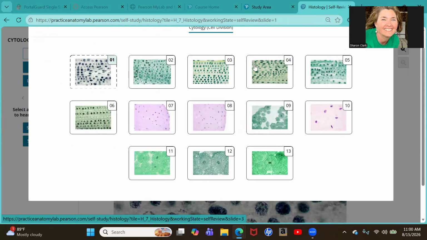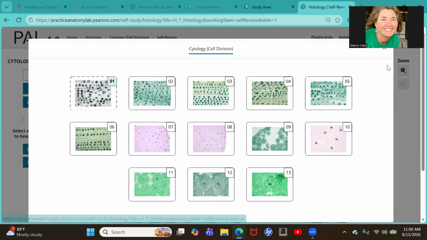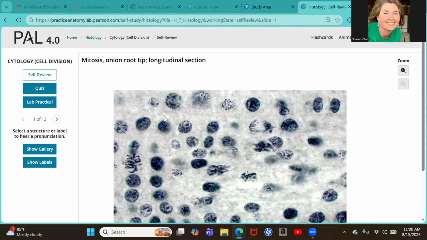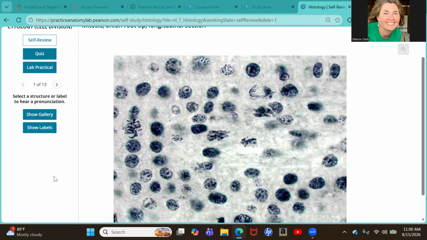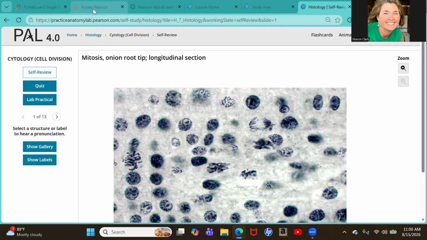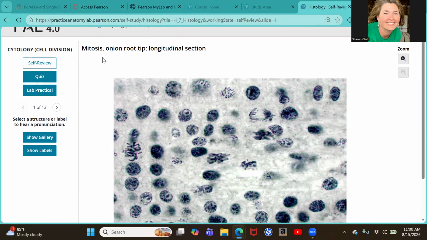You're not going to be able to see each individual one, but it is possibly an option. Then when you're ready, you can go back to the Canvas page and take the quiz.